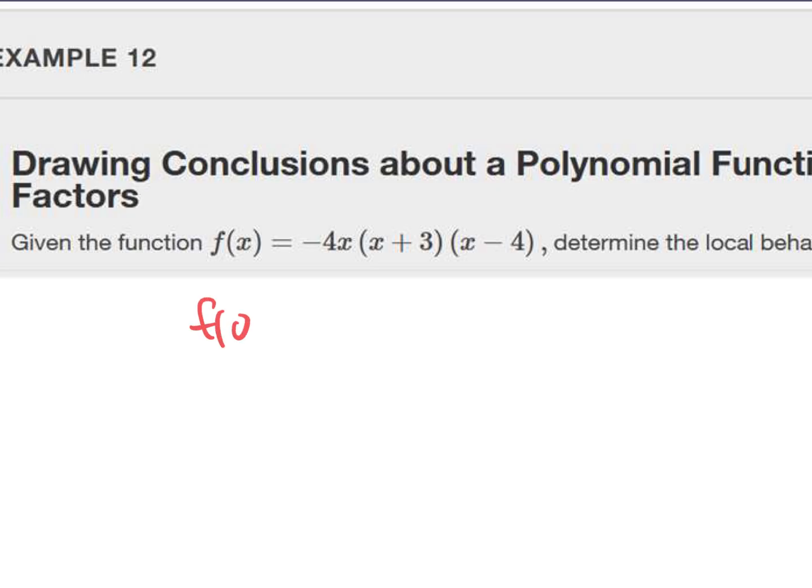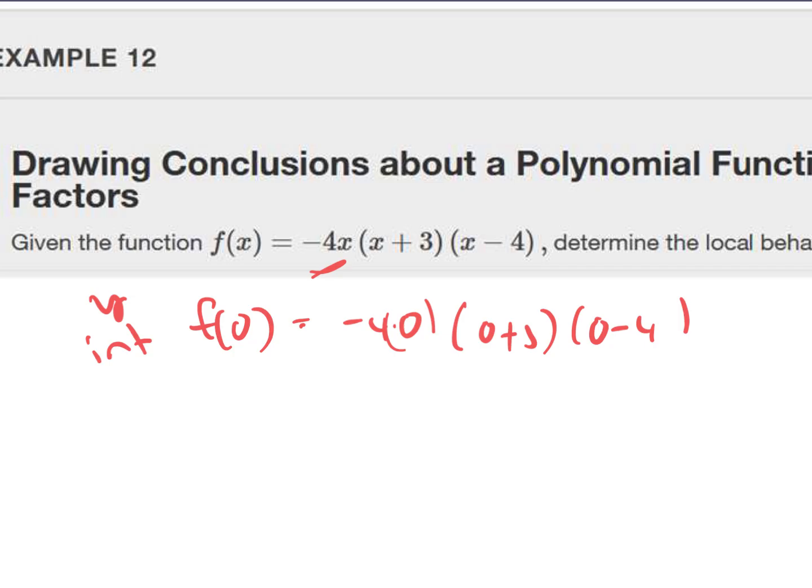F of 0 for my y-intercept would be -4 times 0, times 0 plus 3, times 0 minus 4. Well, -4 times 0 is a 0, and 0 times anything is going to turn into a 0. So 0, 0 is my y-intercept.